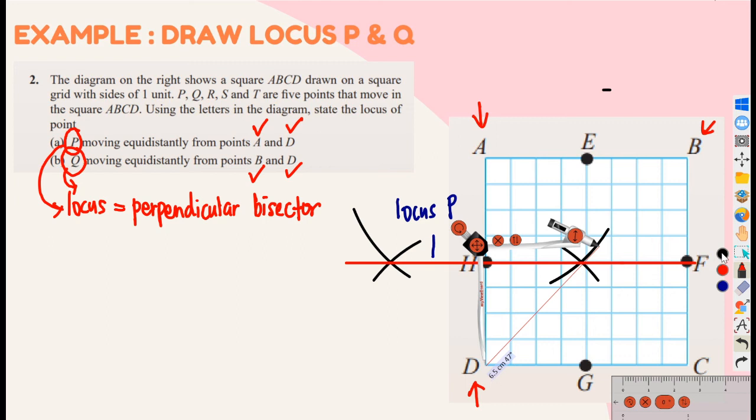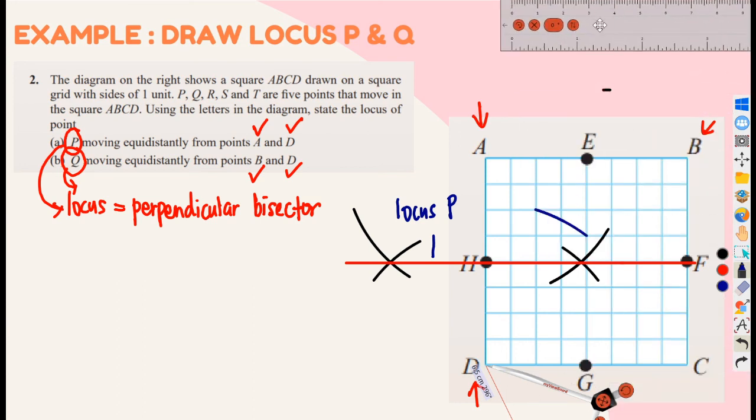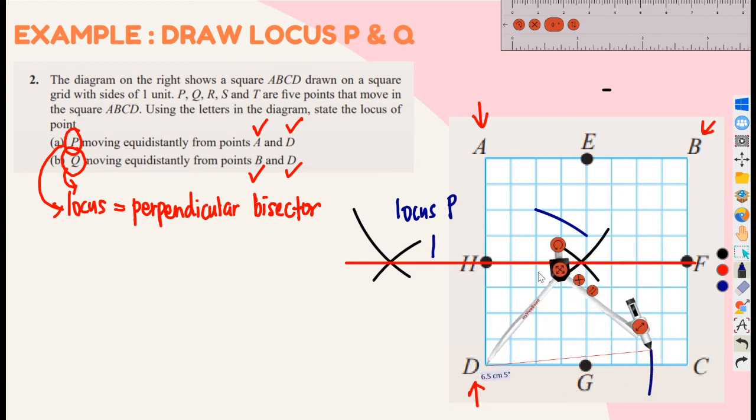Now you need to draw the arc. At point D, you need to draw one smaller arc here, and another one here.